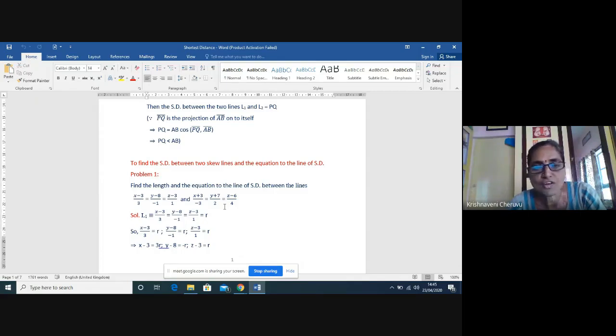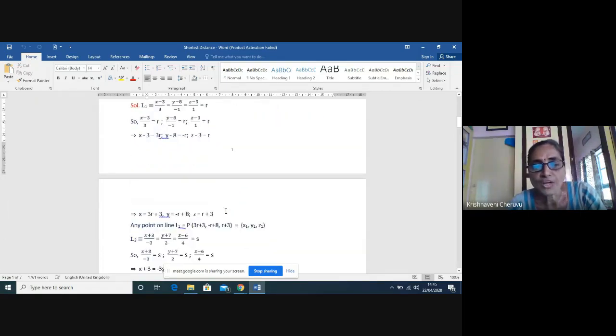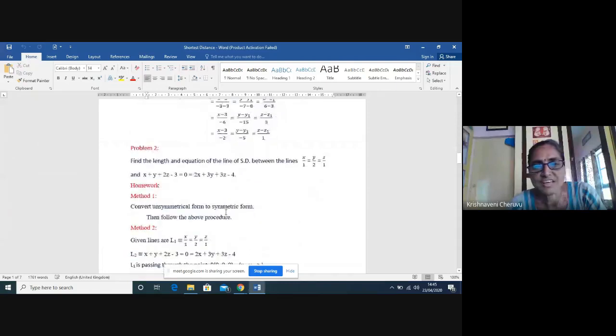This we finished yesterday. At the end of the class yesterday, I gave you a line in symmetric form, another line in unsymmetric form, and I asked you to find out the shortest distance between these two lines, and also the equation of the line of shortest distance between them.